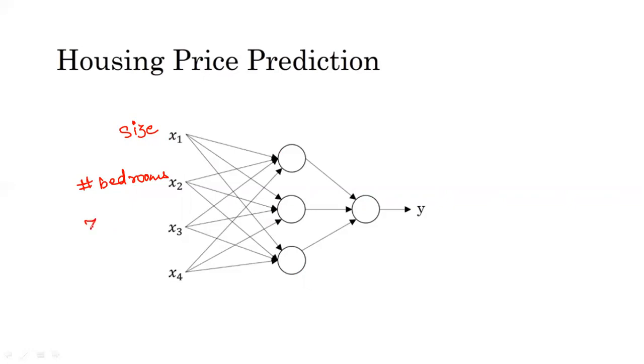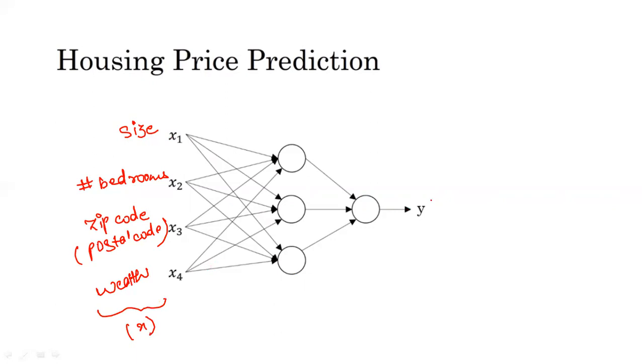X3 represents the zip code or postal code. And X4 represents the wealth. These four form our input features X.